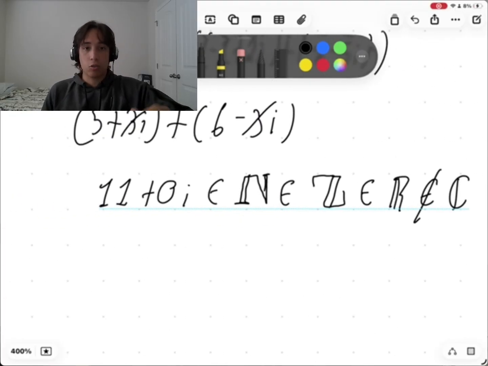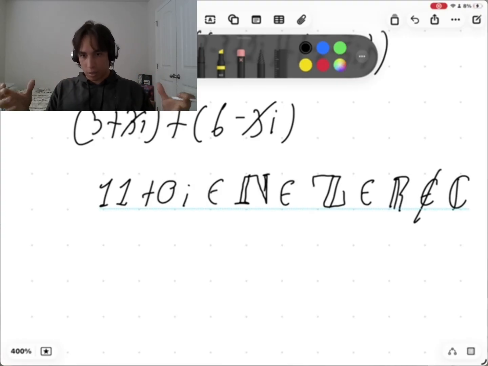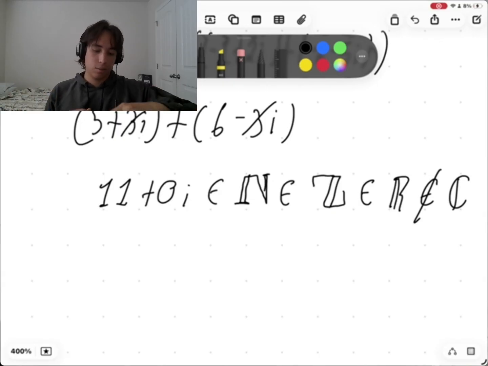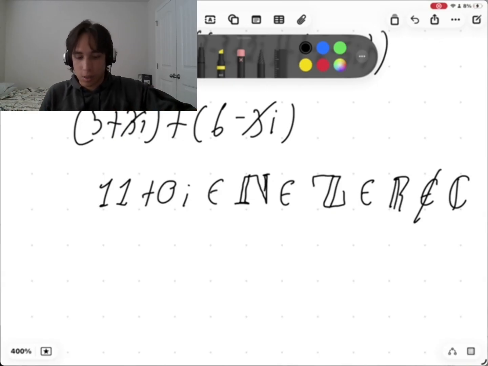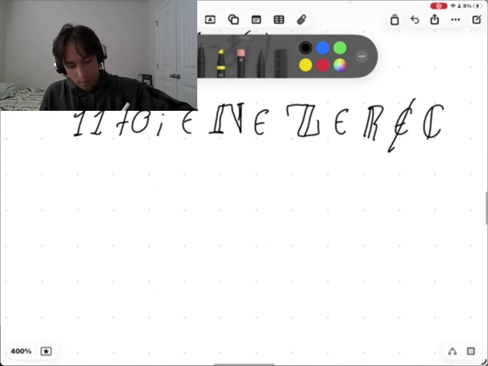You can still attach the plus 0i as the imaginary part, but this is not really regarded as an imaginary number. I mean, as a complex number, because you can depict the complex numbers as vectors.